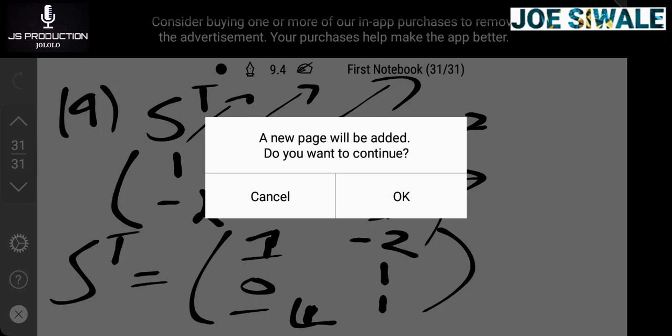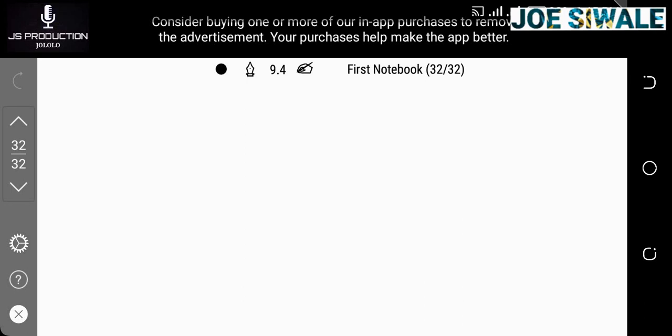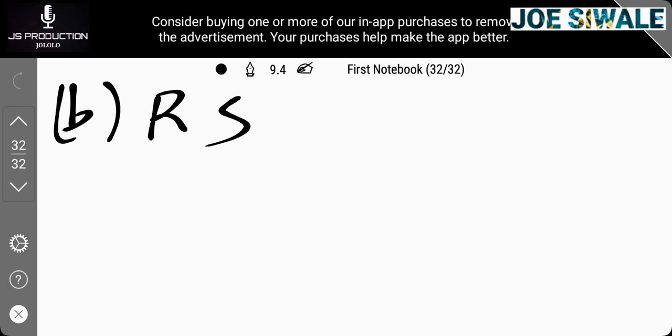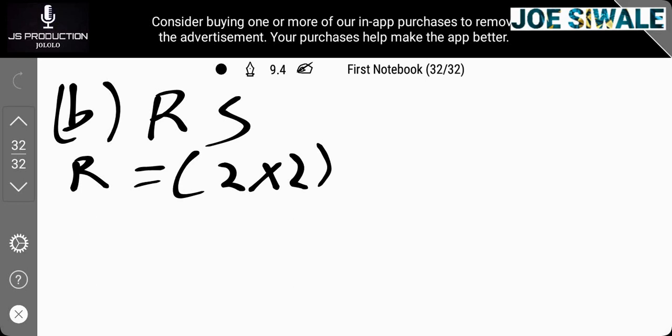Going to the second question, which is B, to find RS. For me to find RS, the first thing I'm going to do is write the order of these two matrices. The order of matrix R is a 2 by 2 matrix, and the order of matrix S is 2 by 3.